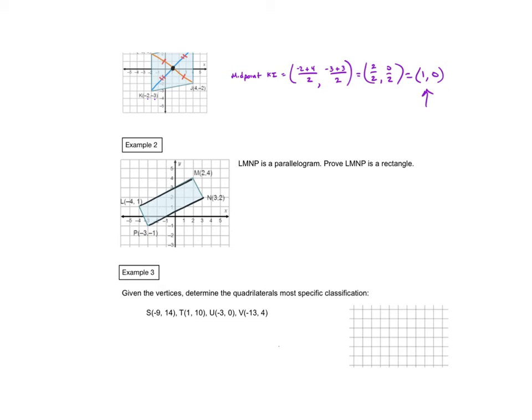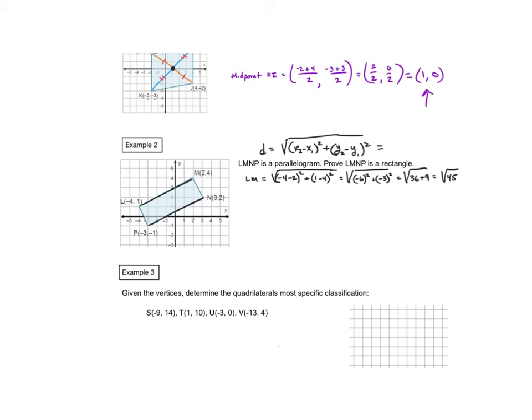So the distance formula, remember, is going to be the square root of x2 minus x1 squared plus y2 minus y1 squared, which will give me the distance. And we're going to use that for all four sides.